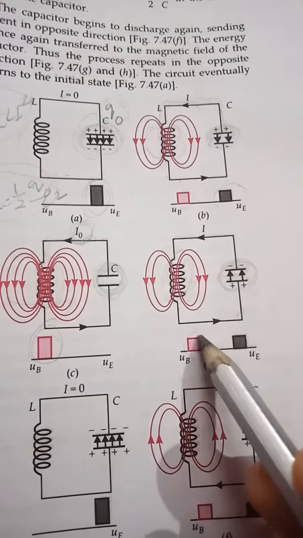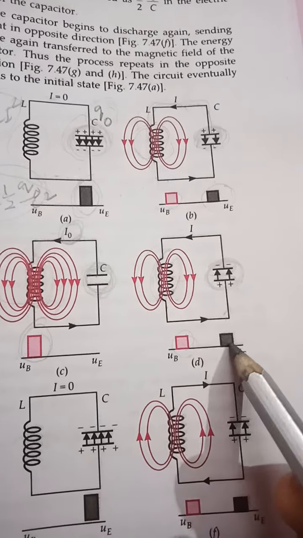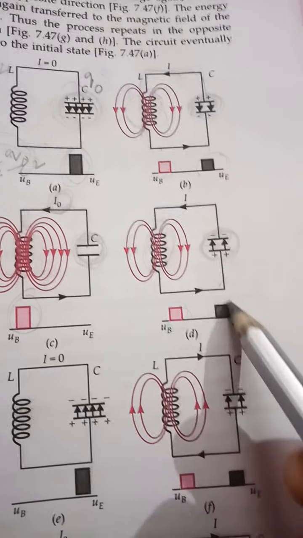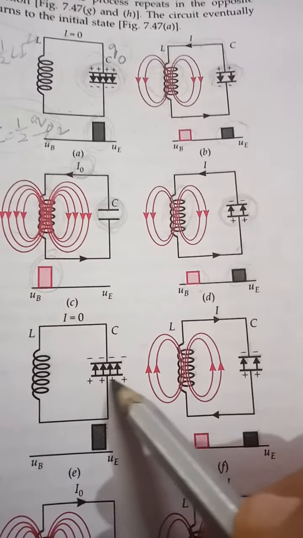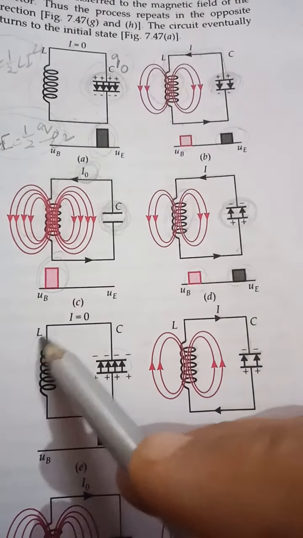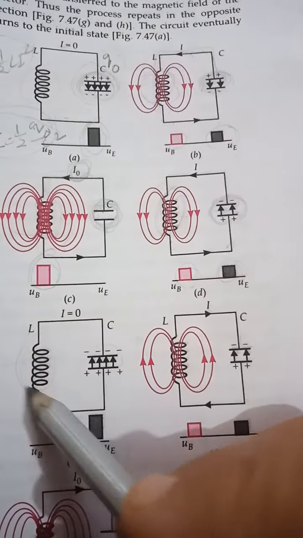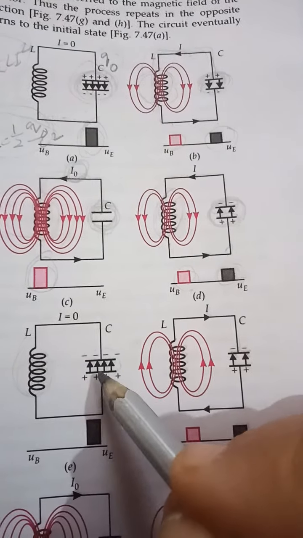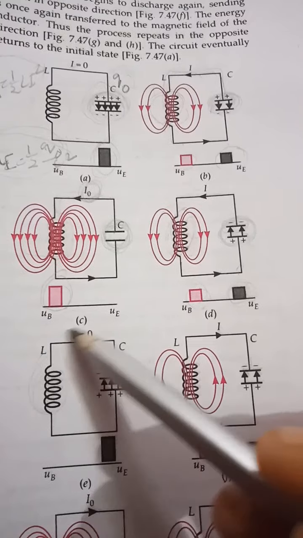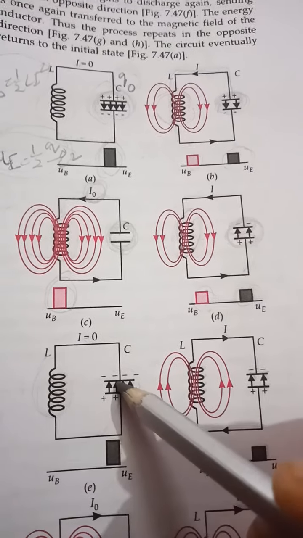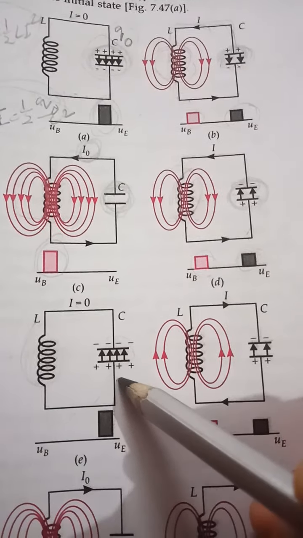Again the magnetic energy starts decreasing and the electrical energy stored in the capacitor starts increasing, till the capacitor is fully charged and the flux associated with the inductor has decreased completely. Now the current in the circuit becomes zero, and the capacitor is fully charged but in the opposite direction.